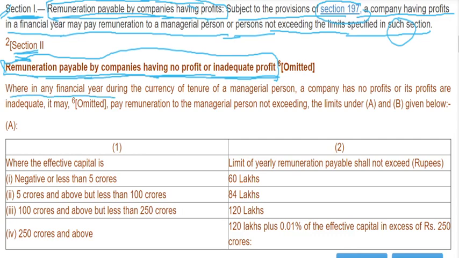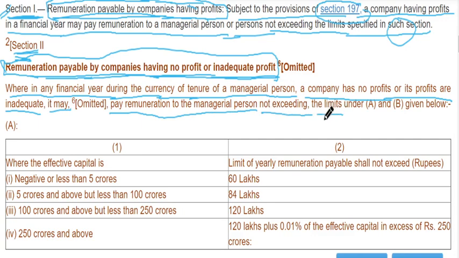Where in any financial year during the currency of tenure of a managerial person, a company has no profits or its profits are inadequate, it may pay remuneration to the managerial person not exceeding the limits under A and B given below.